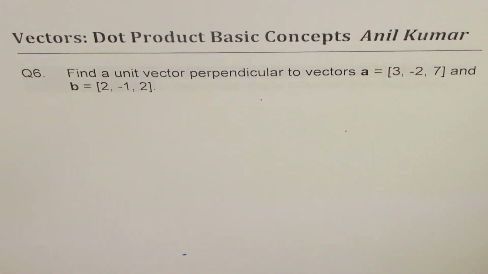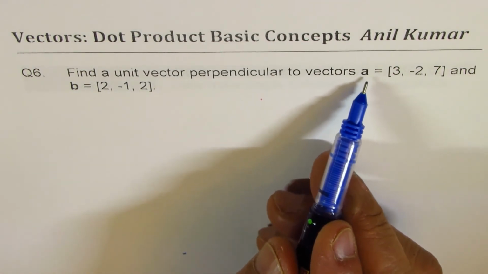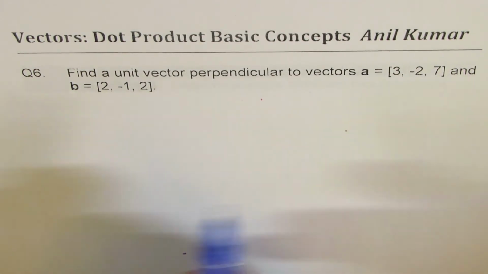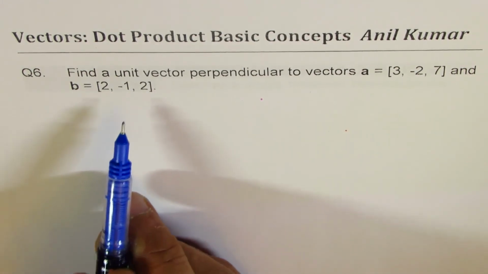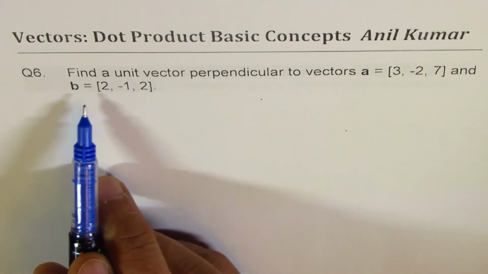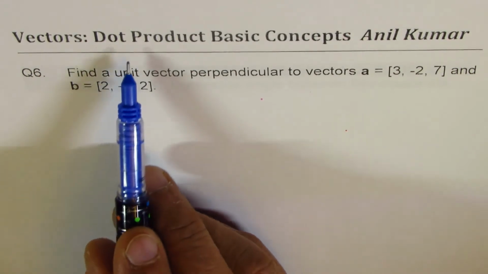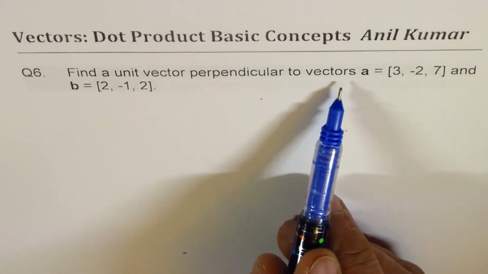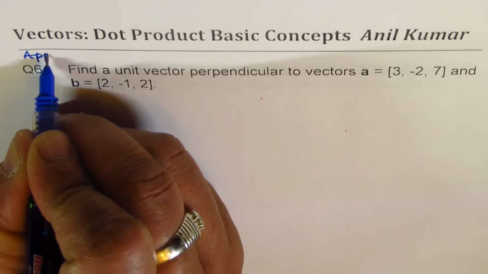Question number 6. Find a unit vector perpendicular to vectors A, 3 minus 2 7, and B, 2 minus 1 2. It is important to note that we could have many vectors perpendicular to a set of vectors, right? Now let us see how to use dot product to find perpendicular vectors. That is an application of dot product.